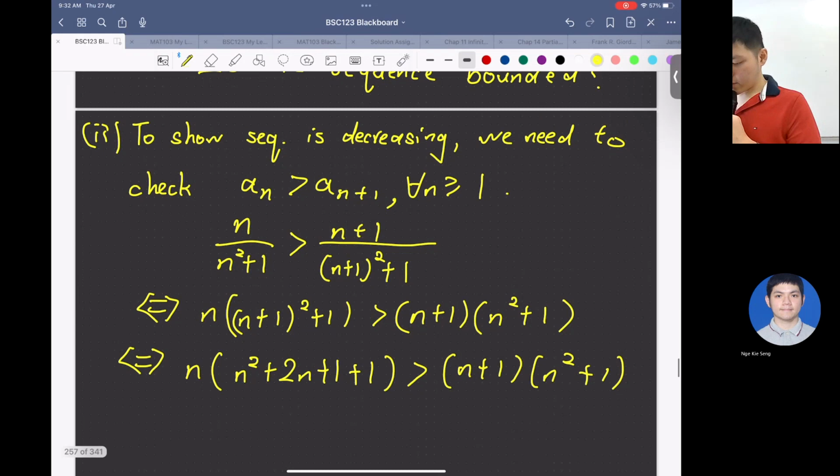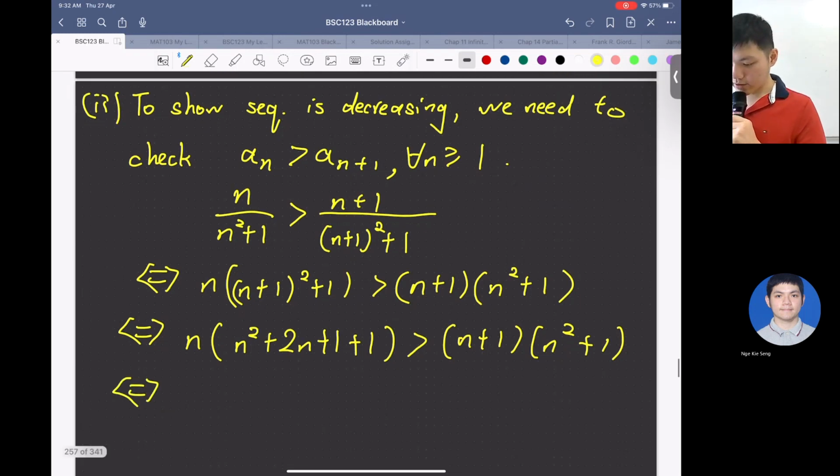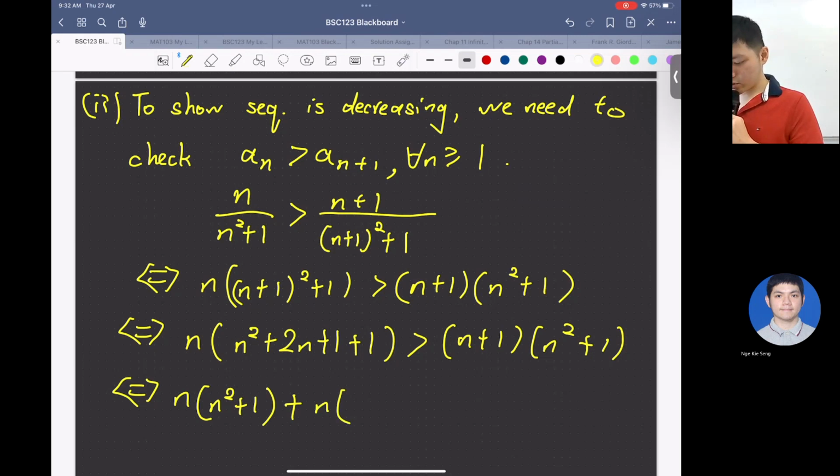And then can we, okay, we can do a bit further simplification. So we get n times (n squared plus 1) plus n times (2n plus 1), which is greater than (2n plus 1)(n squared plus 1).